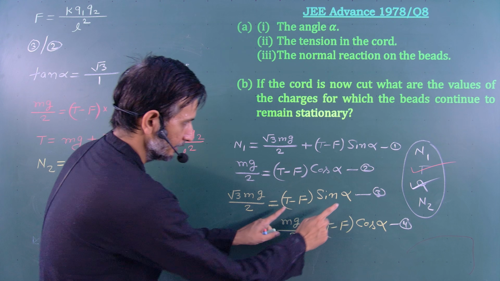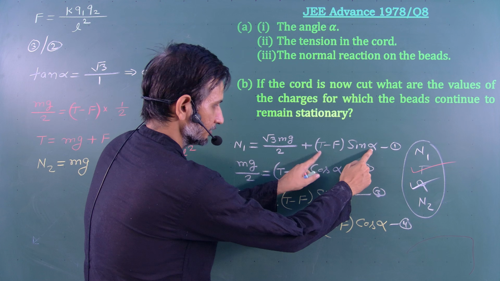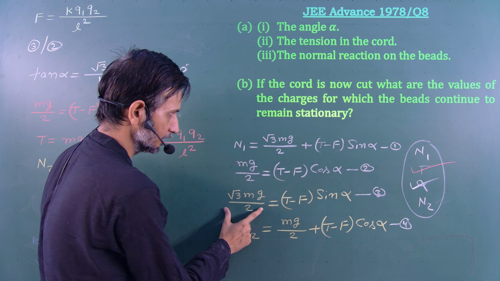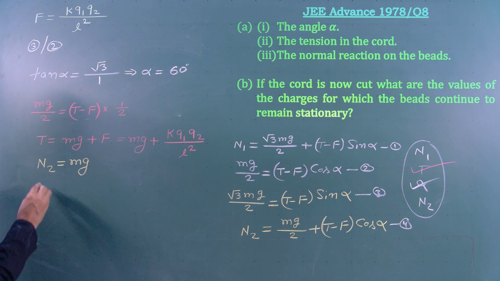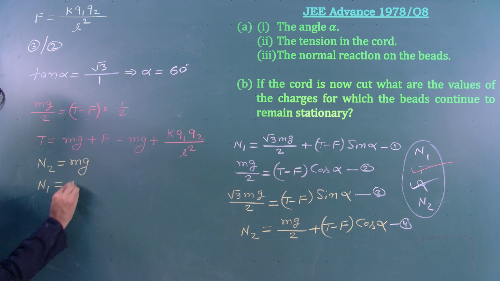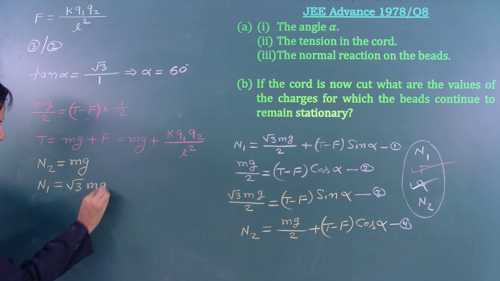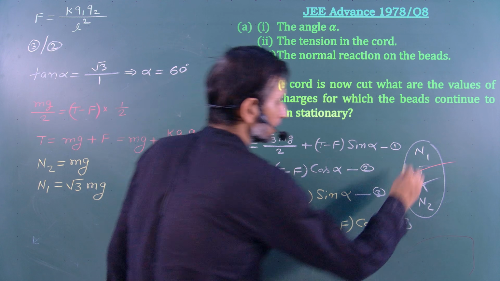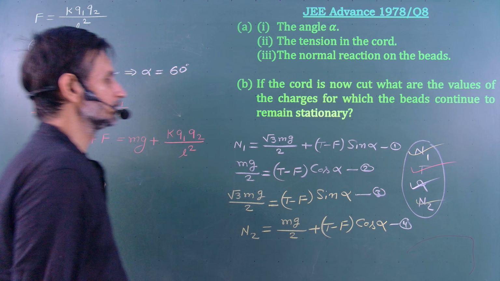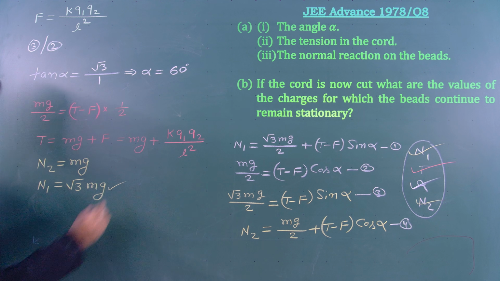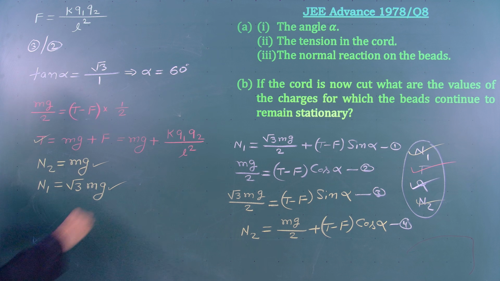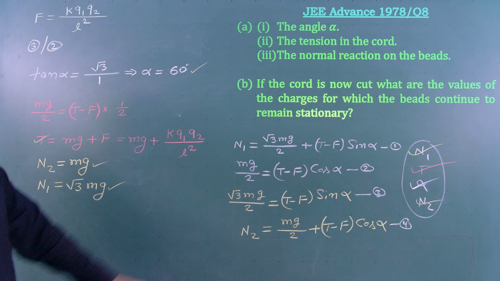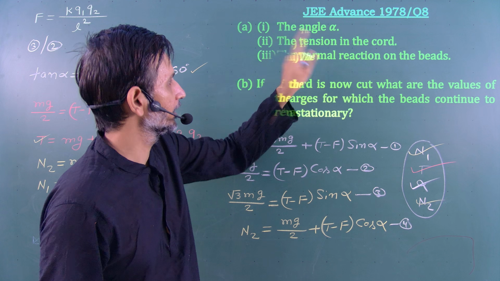Similarly, (T − F) sin α is √3 mg/2, so N1 equals √3 mg. So we calculated all the parts: N1 is √3 mg, N2 is mg, tension is mg plus K Q1 Q2 by L square, and α is 60 degrees. So α, tension, N1, N2.